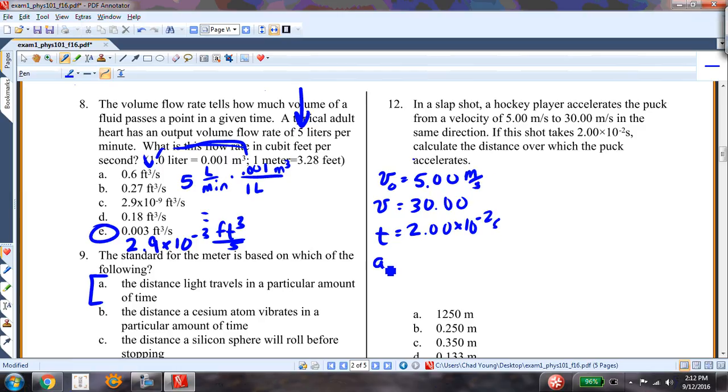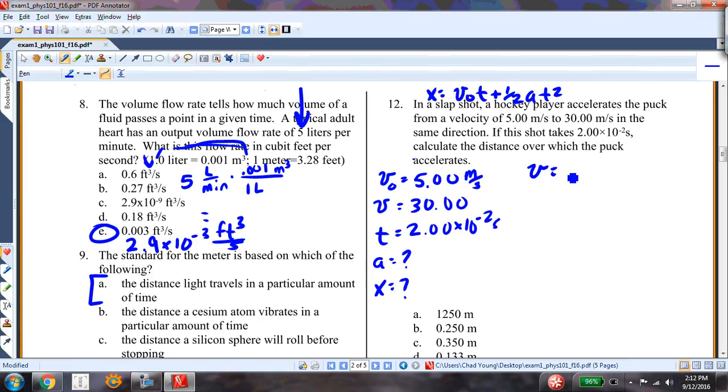I don't know what the acceleration is. It's not negative 10 because this is horizontal motion. And I want to know what is x. Well, I know to find x, I have to know V naught, I know that. I have to know T, I know that, plus 1/2 A T squared. I don't know A, so I need to figure out what A is.